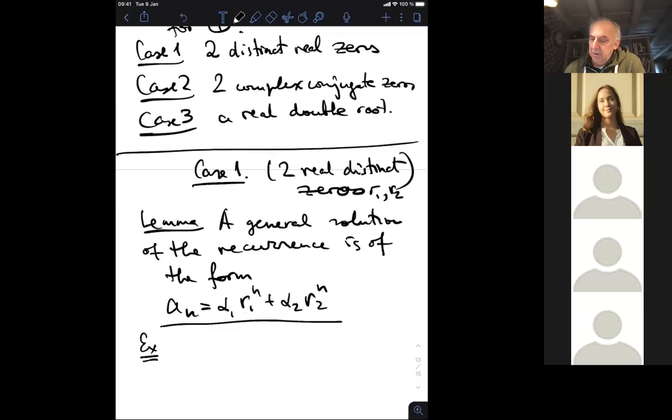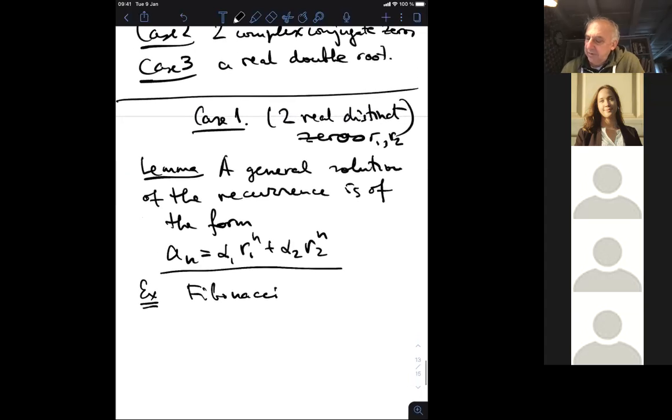So, let's do our basic example, Fibonacci. Fibonacci is a_{n+1} equals a_n plus a_{n-1}, and the initial condition is a0 is 0, a1 is 1.